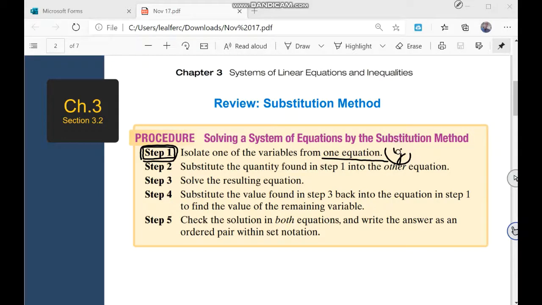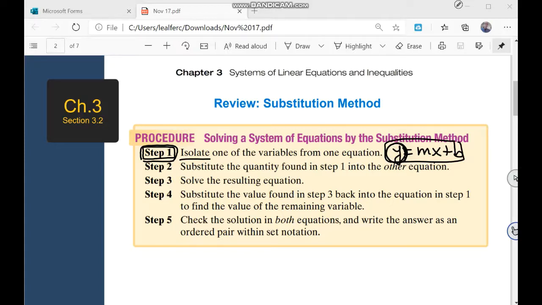We wrote each equation like y equals mx plus b. This helps on step number 1 because you have to isolate one of the variables, and this way we isolated y. We found y for each one of the systems of equations from yesterday's quiz.